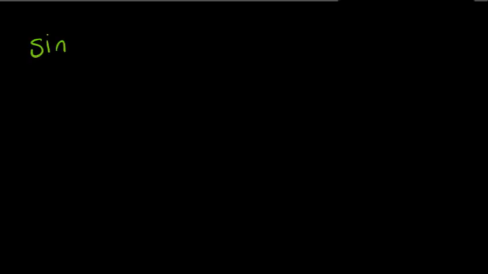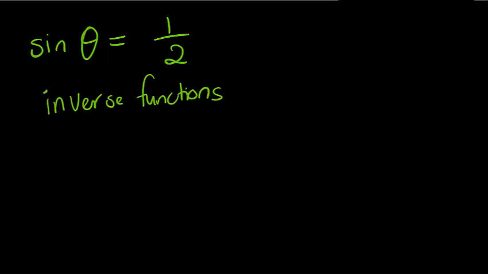Sine of theta is equal to 1 over 2. When I am trying to calculate the size of theta, if I want to know what is theta in this green equation, I am going to use what is known as inverse functions. Now, an inverse function is a special way of inputting the sine theta into your calculator.